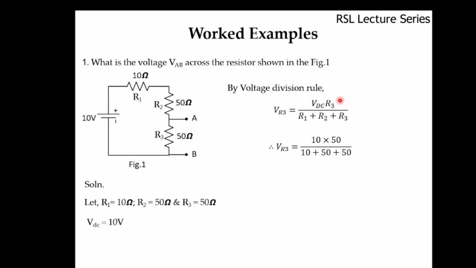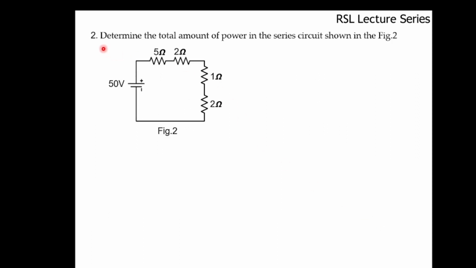VDC is 10, R3 is 50, divided by 10 plus 50 plus 50. So this will be 500 divided by 110. On simplification, we get VAB equal to VR3, that is equal to 4.5454 volts. Next we'll solve another problem.